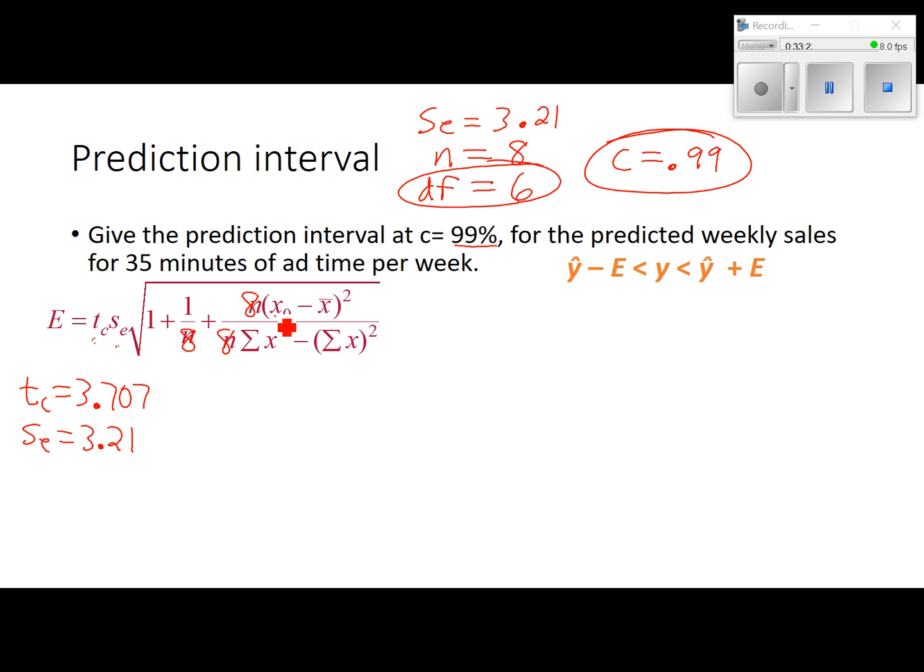Actually, the one that we know, this x sub 0, that's the x that we're predicting off of. And they tell us that we want to predict off of 35 minutes. So that's our x sub 0, the 35. So right there we stick in 35. I'm going to rewrite this over on the side here in a second to make it look a little better.